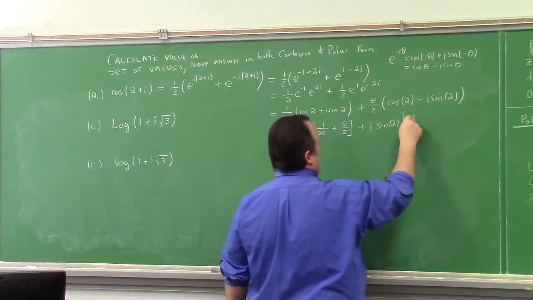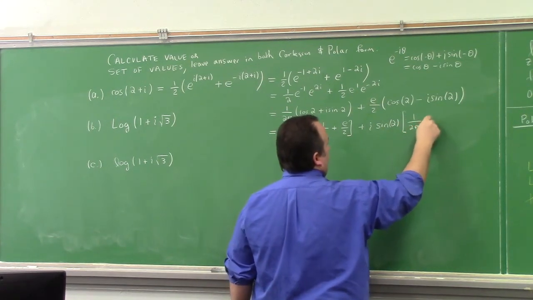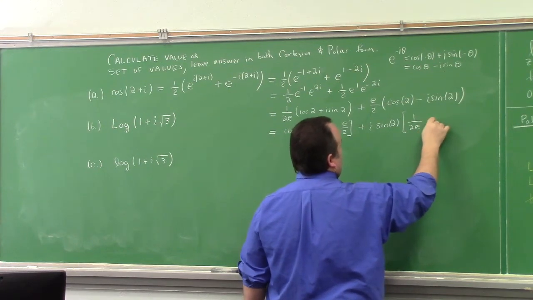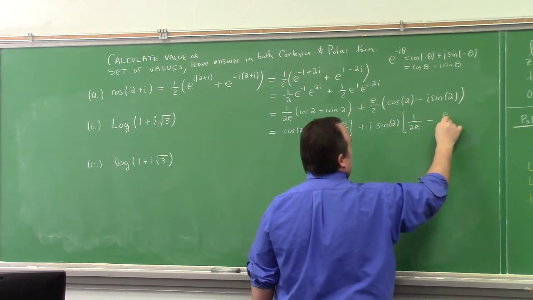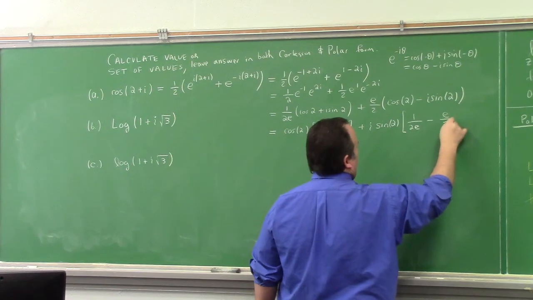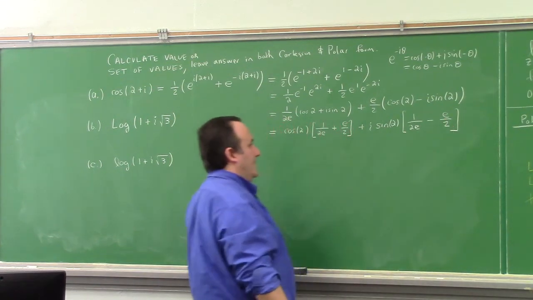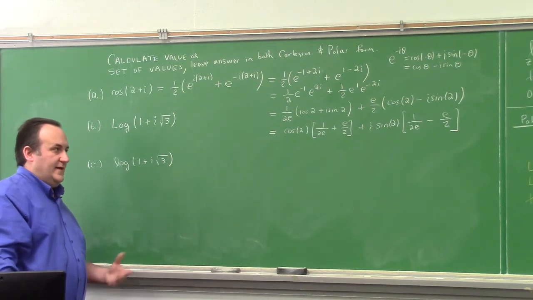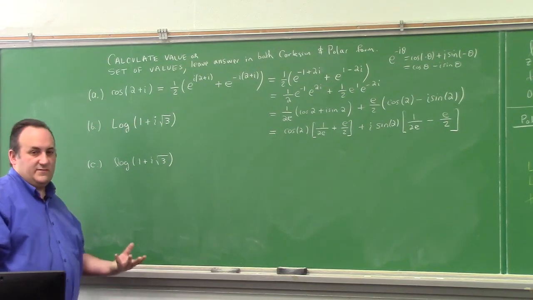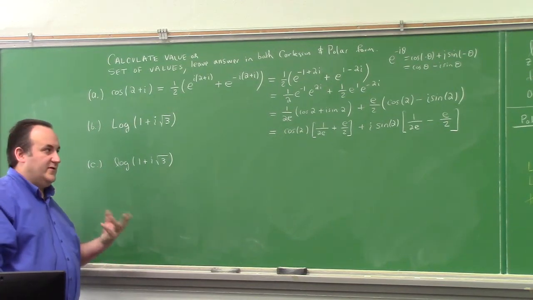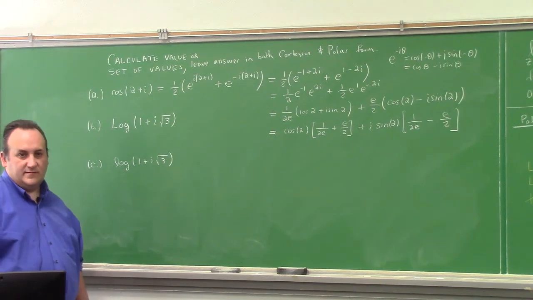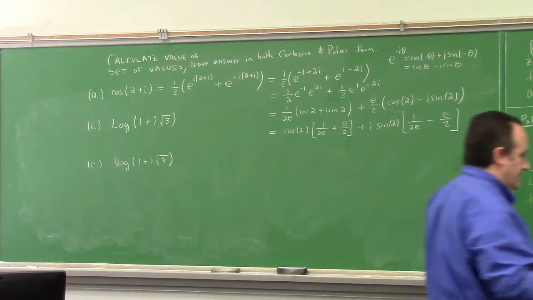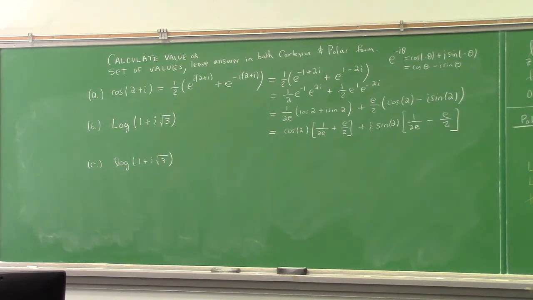Times 1 over 2e minus e over 2. So there you go. That's the Cartesian form, because it's the real part plus i times the imaginary part.